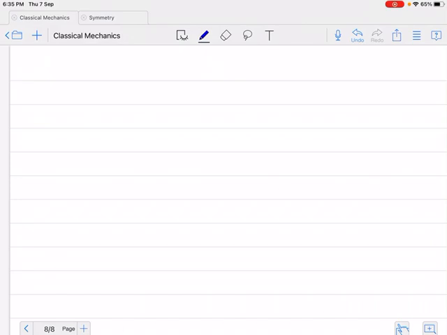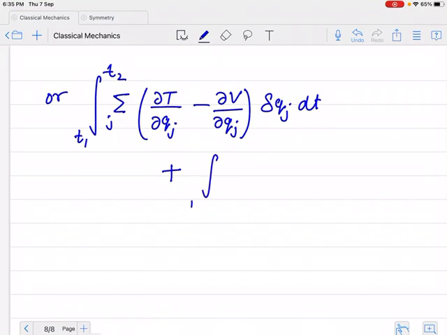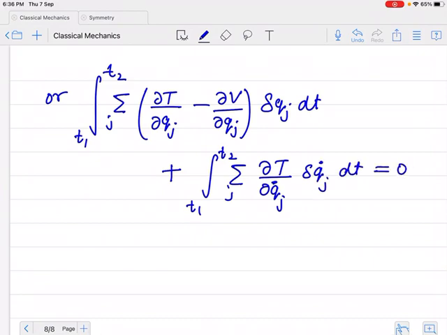Or, the integral from t1 to t2 of the sum over j of (del T by del qj minus del V by del qj) delta qj dt, plus the integral from t1 to t2 of the sum over j of (del T by del qj dot) delta qj dot dt, is equal to 0.